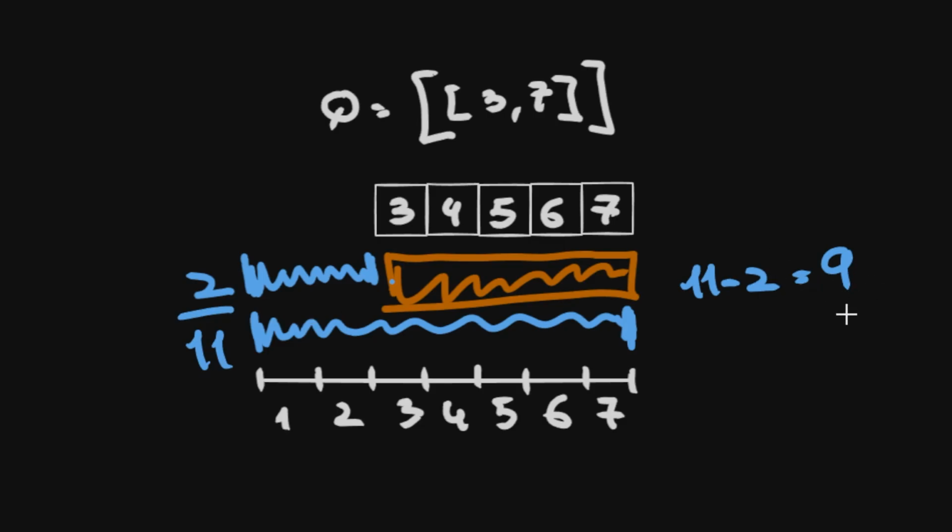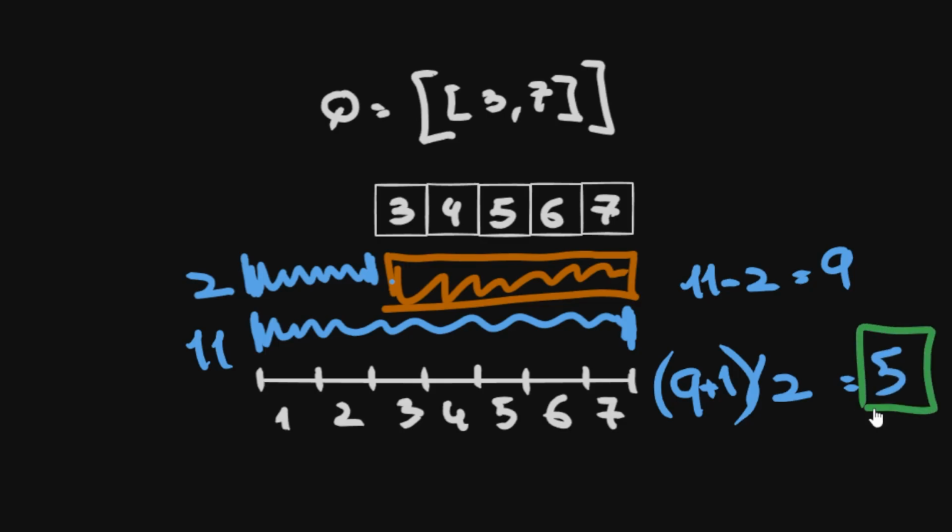And the problem says that for each operation we can do 2 transformations. We can transform 2 numbers. So we can take 9 divided by 2, because for each operation we can do 2 transformations, and we can round up this number like this, and 10 divided by 2 is 5. So finally we return 5.